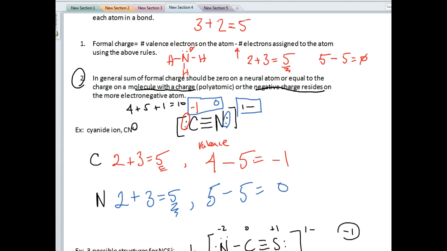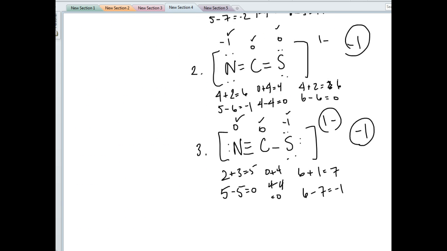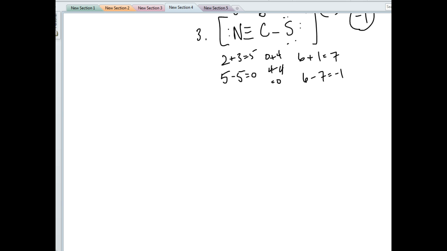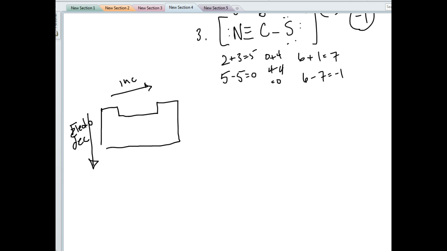Who is the most electronegative atom here? If you remember from general chemistry, our periodic trend on the periodic table is that as we go down, electronegativity decreases, and as we go to the right across the periodic table, it increases to the halogen group.